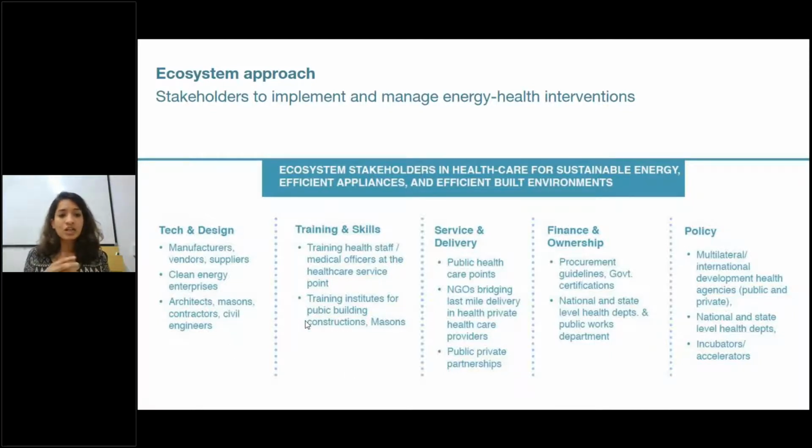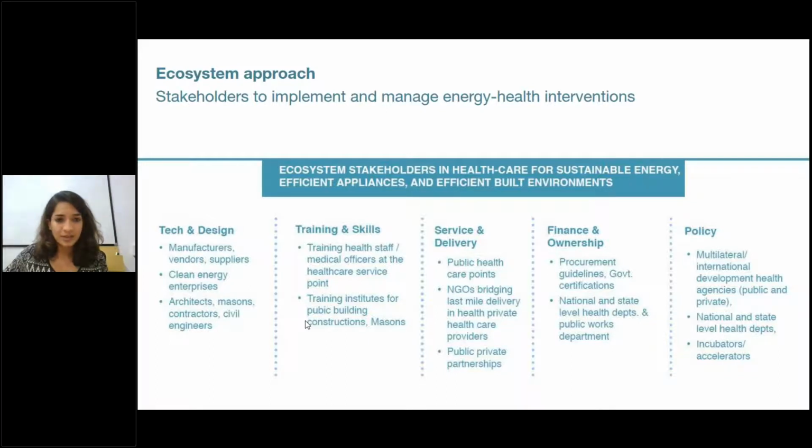Training and skills of health staff, of medical staff, their service delivery points, and at what points they choose to intervene. Looking at finance and ownership, as Mark alluded to, it's always harder to get financing at a later date to look at these facilities. So how do we make sure that they can be incorporated or leverage existing available resources for healthcare to look at the energy aspect as well.